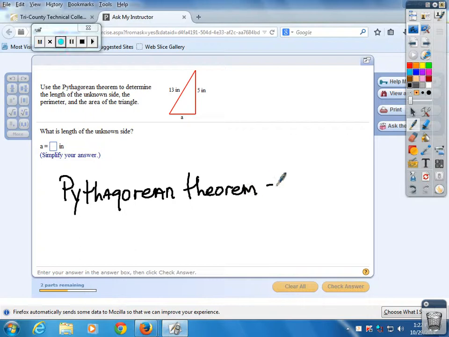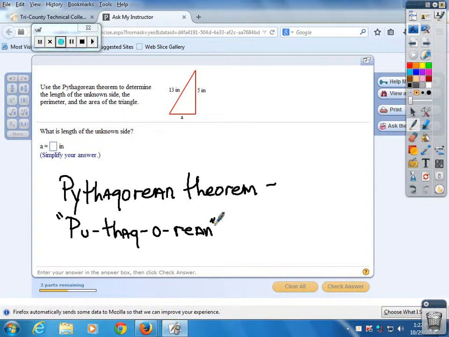Pythagorean theorem. All right, Pythagorean. I want to make sure everybody can pronounce that. Pythagorean. I think everybody can pronounce that.